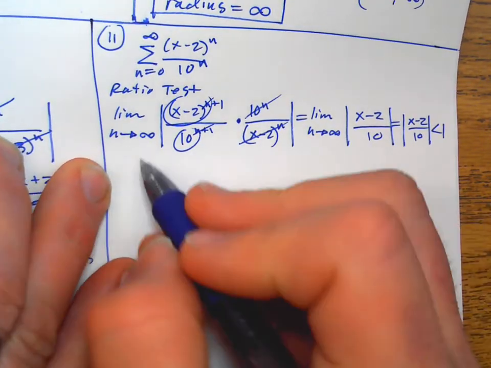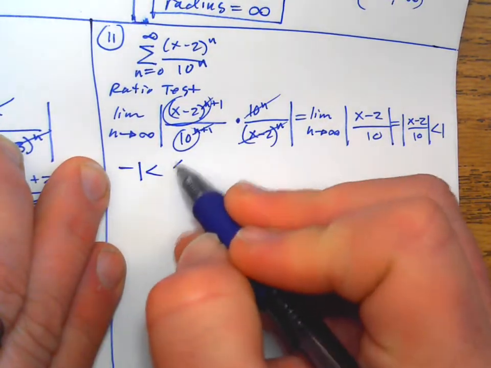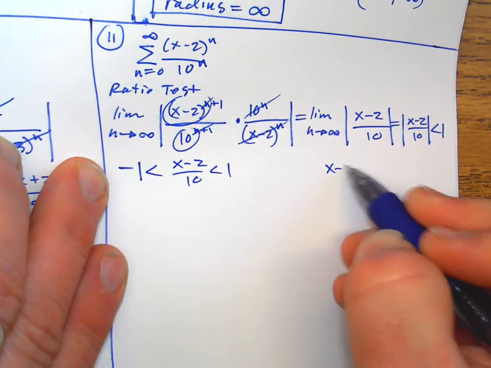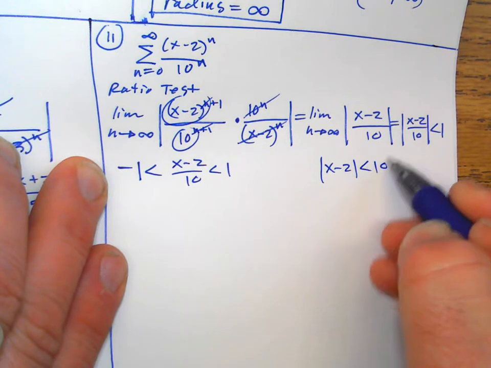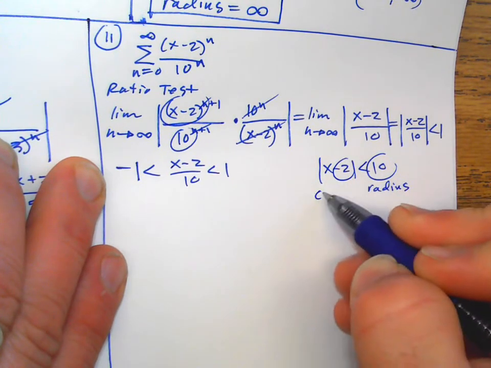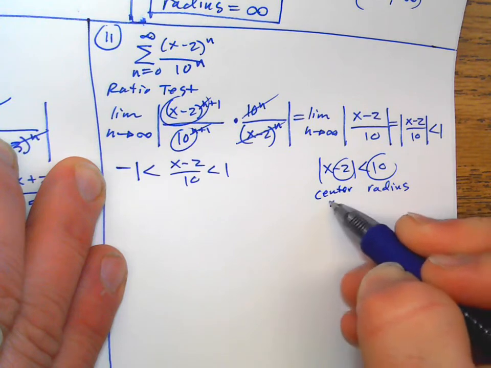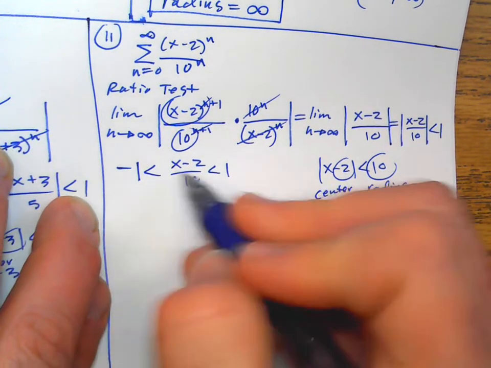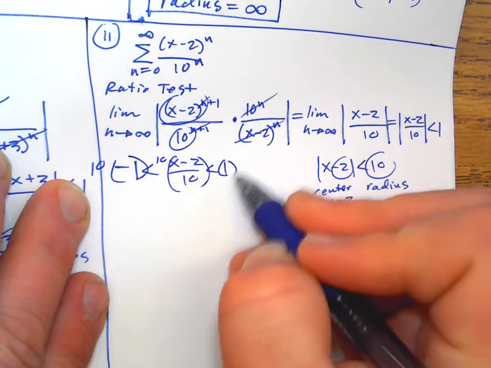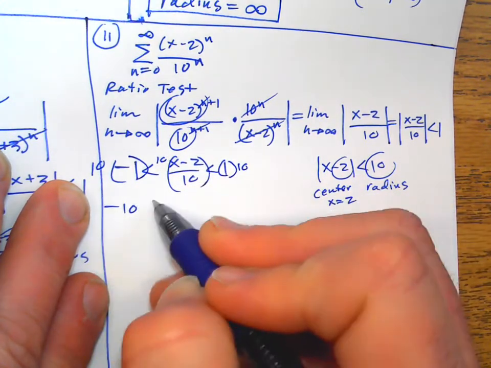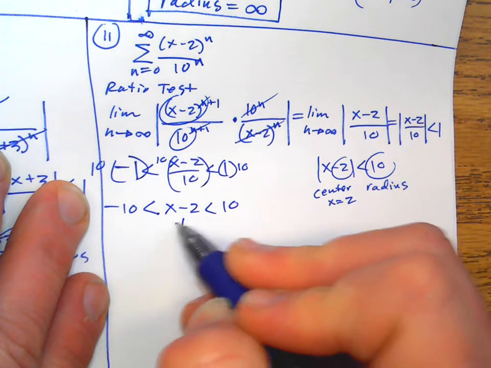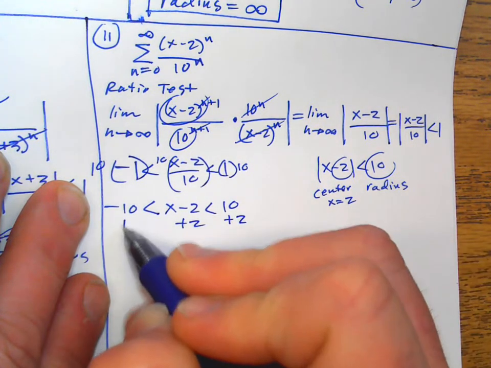So at this point, you could say, all right, negative 1 less than (x minus 2) over 10 less than positive 1. Or you could just say, let's multiply through by 10. And this is the radius. And this is the center, without finding the full-blown interval of convergence. Otherwise, you come over here and you could do this extra work, which we're going to have to do most of the time anyways. So it's not a bad use of your time.